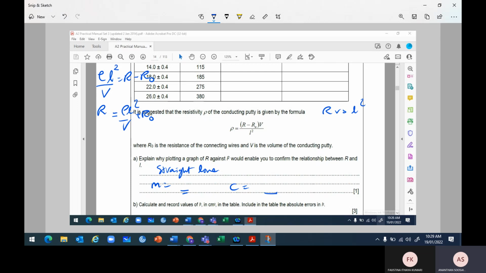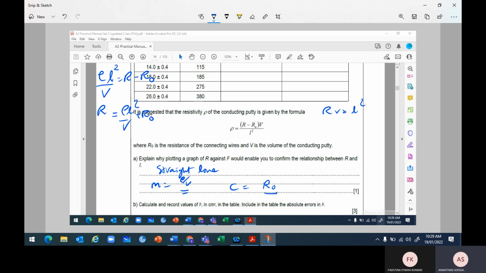Okay, last. So what's the first answer you got for the gradient? You got rho over V. Intercept, you got R naught. Could you please explain why you rearranged the formula? Because they asked to plot R versus L squared.